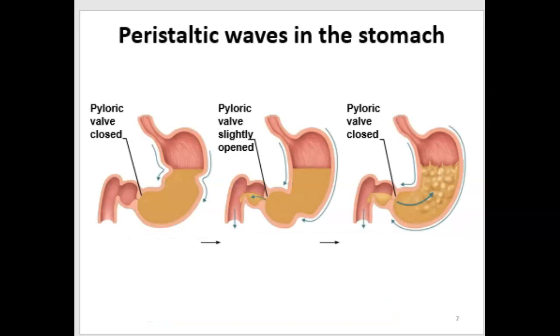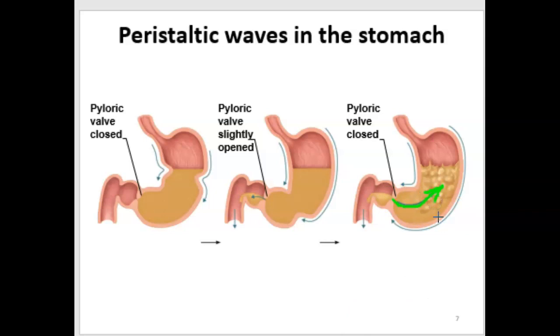And this is a picture that kind of shows you the peristaltic waves that occur in the stomach, starting at the cardiac region. And over time, you see that the wave goes a little bit farther and then a little bit farther yet. And the last picture on the right shows the closing of the pyloric sphincter, and that makes this more liquidy chyme kind of flow backwards.